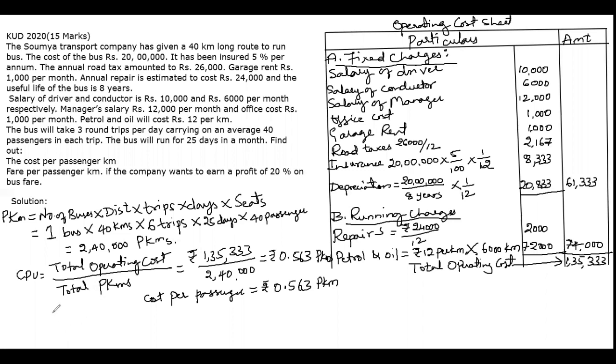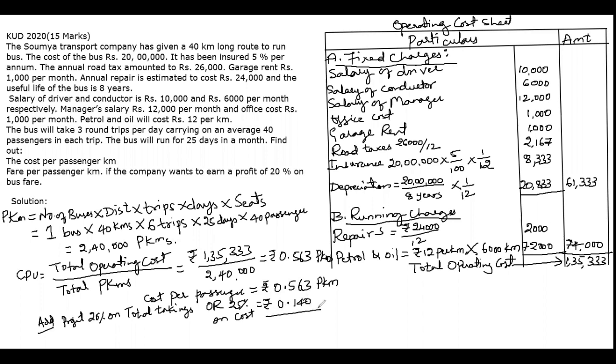In the same way, we have to calculate here, add profit 20% on total takings, that is total fare amount, or 25% on cost. 25% on cost comes to rupees 0.140.